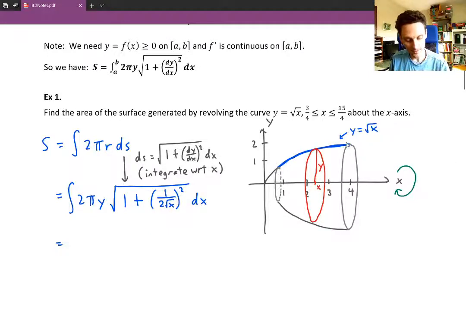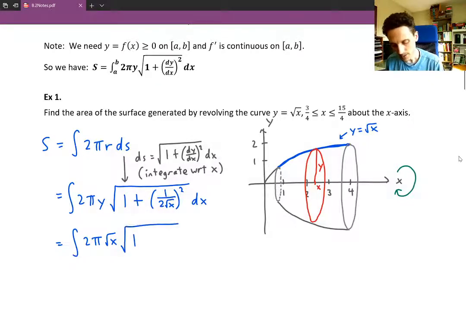In fact, you could have gone right in and written the square root of x there if you wanted to. I'll simplify inside the radical. This 1 over 2 square root of x, squared, is going to be 1 over 4x. And let's go ahead and write our limits of integration now. Here we have x going from 3/4 to 15/4.